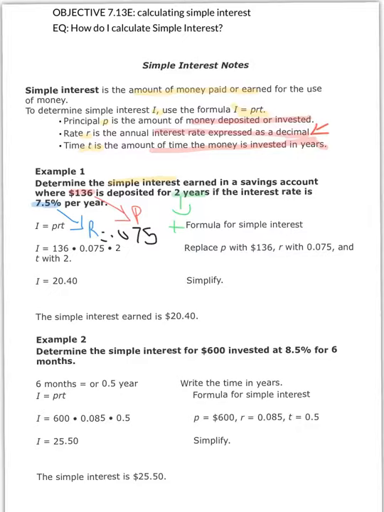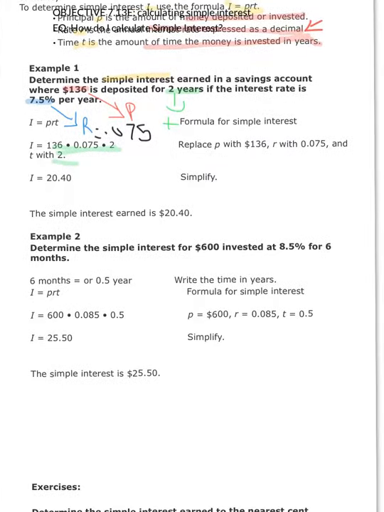So that made it 0.075, and you replace the T with the number 2, because it was 2 years. After you multiply that, you would have got 20.4, so the simple interest earned is $20.40.